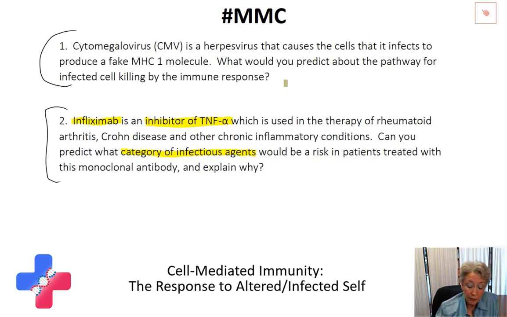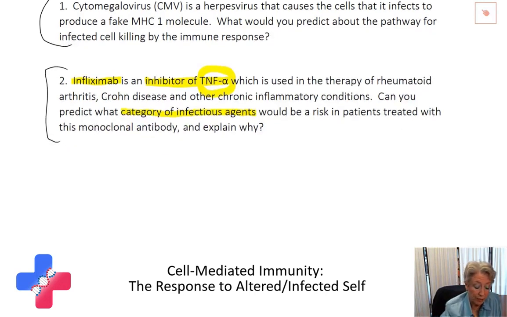All right, so TNF-alpha, first stop here, okay? The inhibition of TNF-alpha is going to affect the nirvana diagram at the level of the interaction between the APC and the T helper 1.